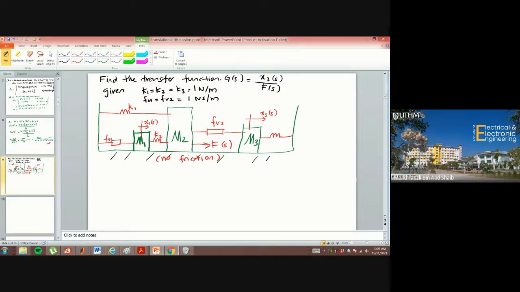Okay, now, first example, we split, okay, force of M1 due to the motion of M1, force of M2 due to motion of M2, and so on. But now we try not to split the diagrams.